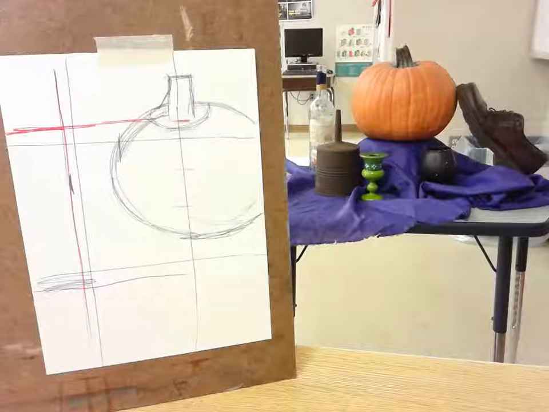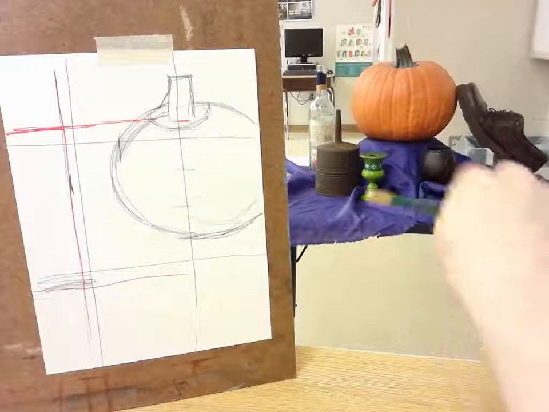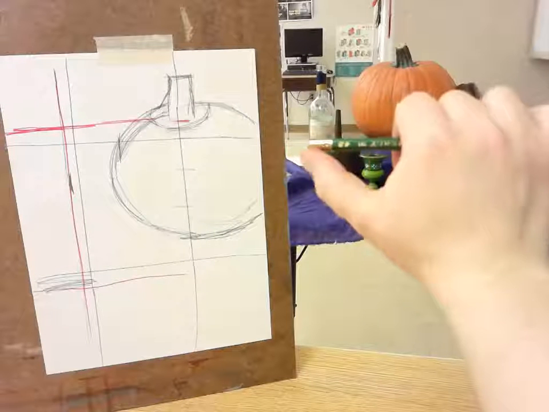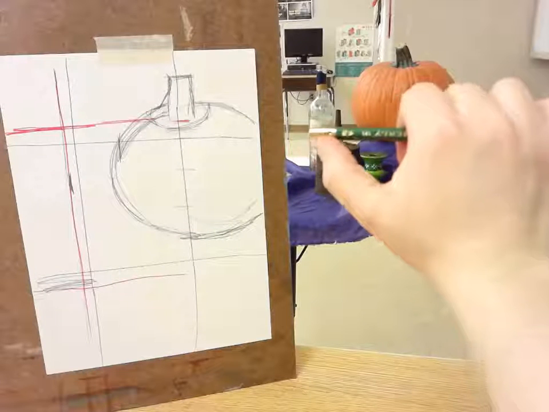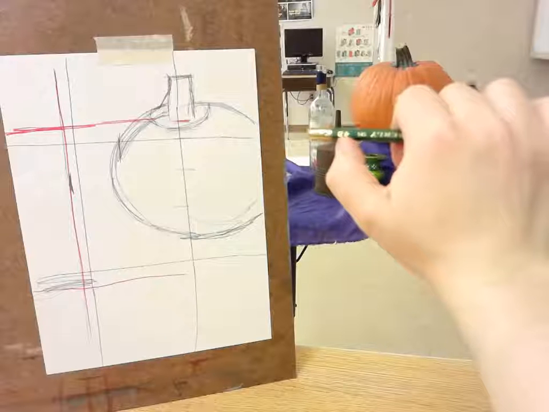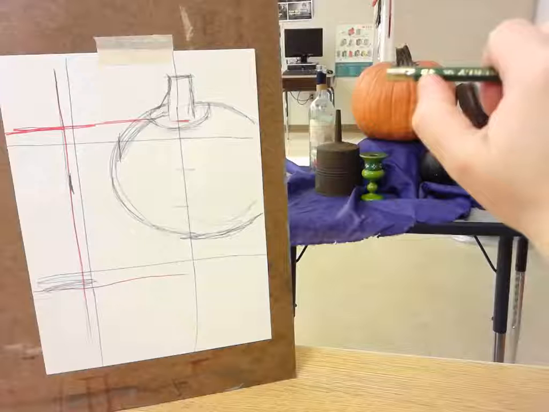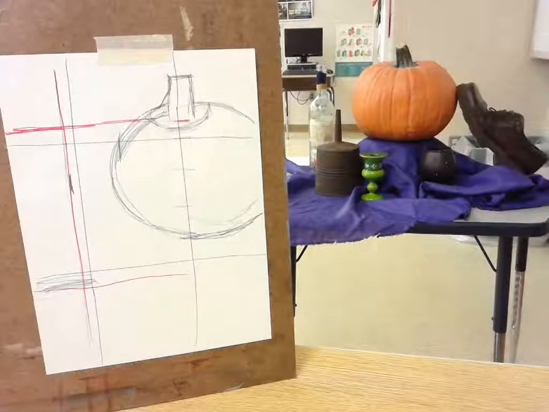All right, so now that I have the height of my bottle, I also want to think about the width of my bottle. So I'm going to take my pencil, fully extend my arm, start with the metal part along the edge of the bottle on the left-hand side, and slowly move my finger over to the right, and it's about there. Now if I compare that to the circle, the top of the pumpkin, it's about the same.